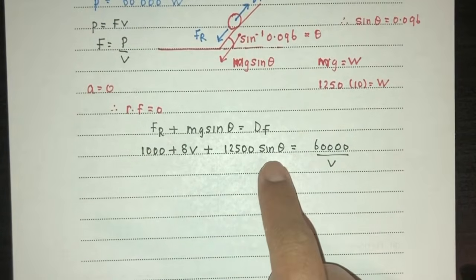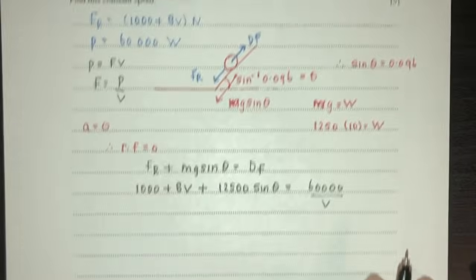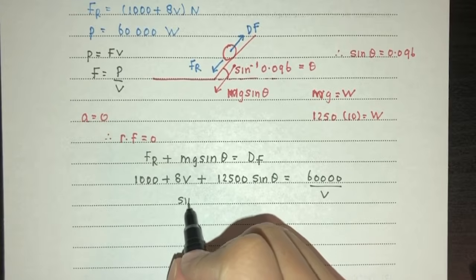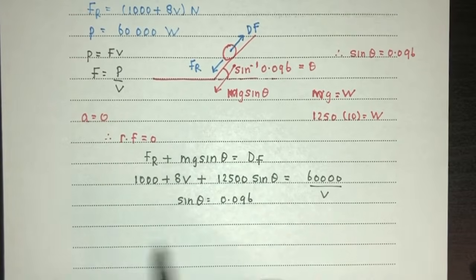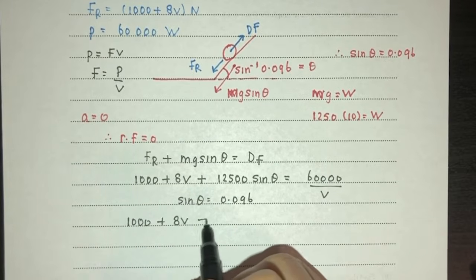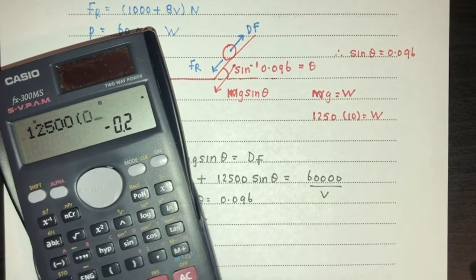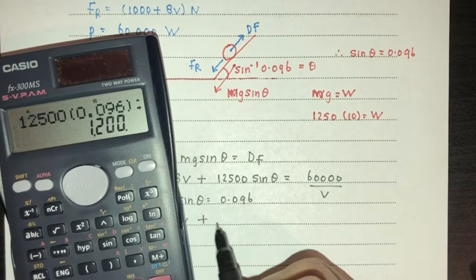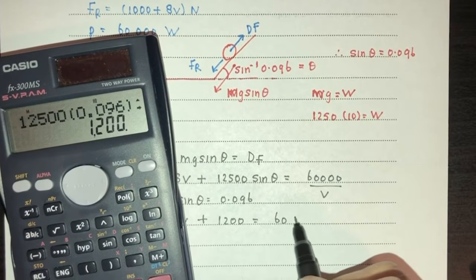Now let's simplify. We have seen that sine theta is equal to 0.096. So replace: you will have 1000 plus 8v plus 0.096 times 12500, equal to 60,000 divided by v.